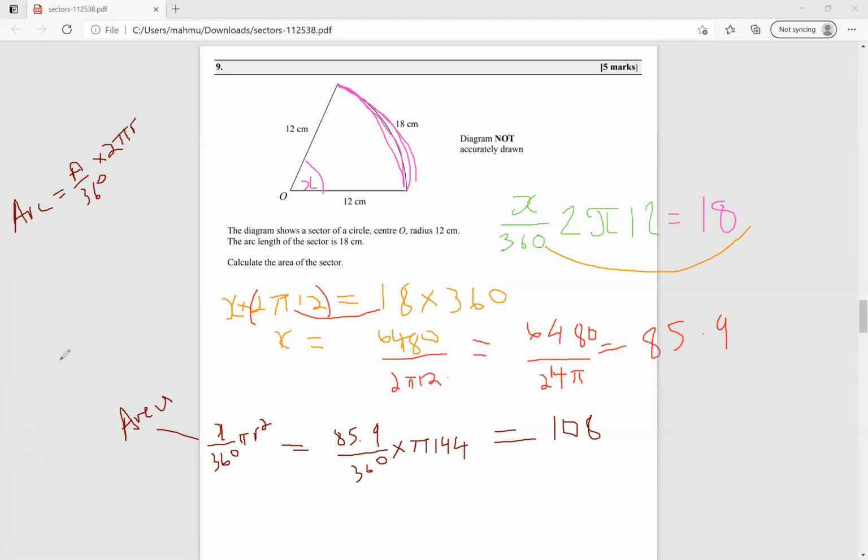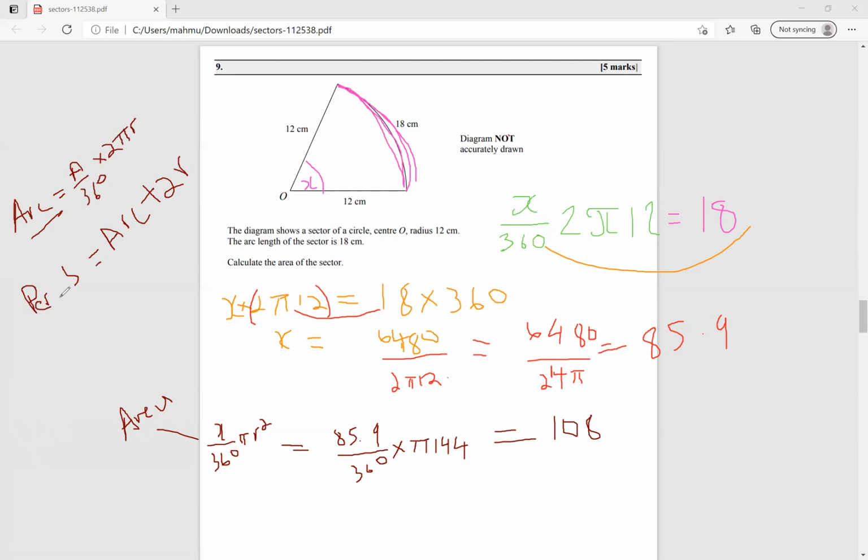Now to find the perimeter of a sector, you get the size of the arc plus 2 times the radius. So radius is 12, times it by 2. Does that make sense?